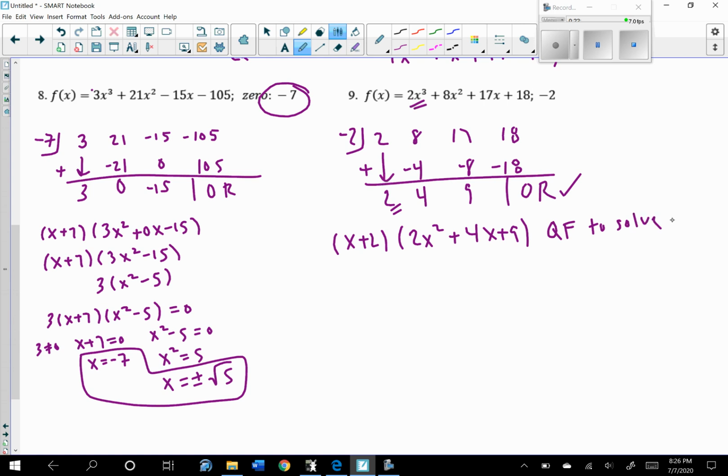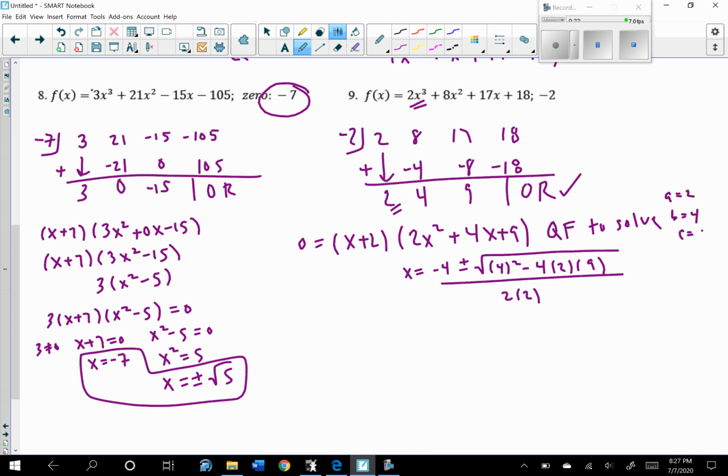And so for this, we get x equals, because we're finding the 0, so x equals negative b, so negative 4, plus or minus the square root of 4 squared minus 4 times 2 times 9 divided by 2 times 2, because my a equals 2, my b is 4, and my c was 9.